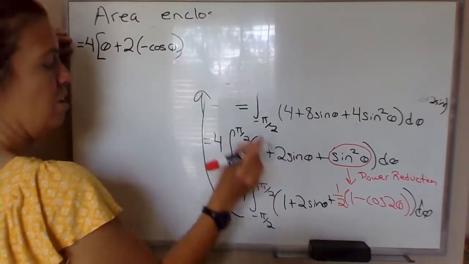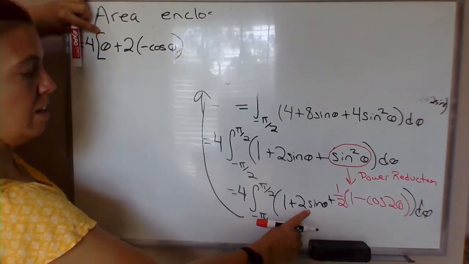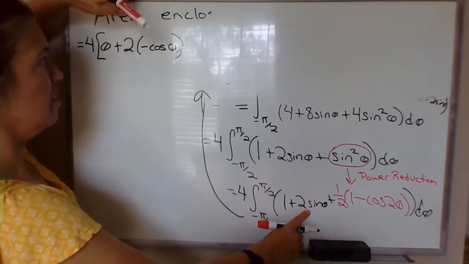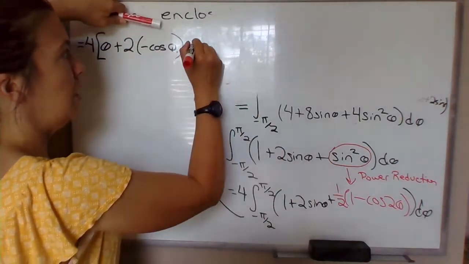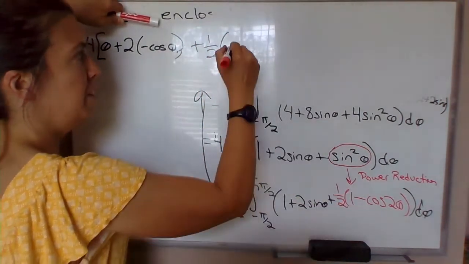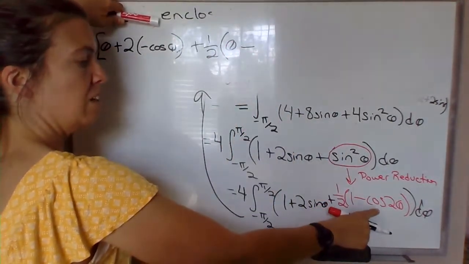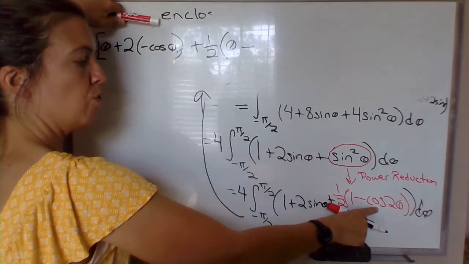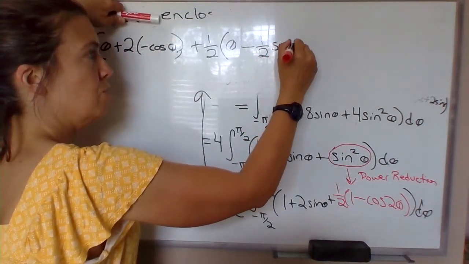Okay. So the antiderivative of 1 is theta. The antiderivative of this is negative 2 sine theta plus 1/2. The antiderivative of 1, again, is theta, minus the antiderivative of cosine of 2 theta, which is 1 over 2 sine of 2 theta.